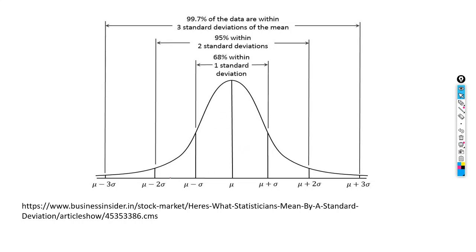So this is the normal distribution curve. In the normal distribution curve, the center line is nothing but the mean value of the feature. Here we are considering one single independent feature.